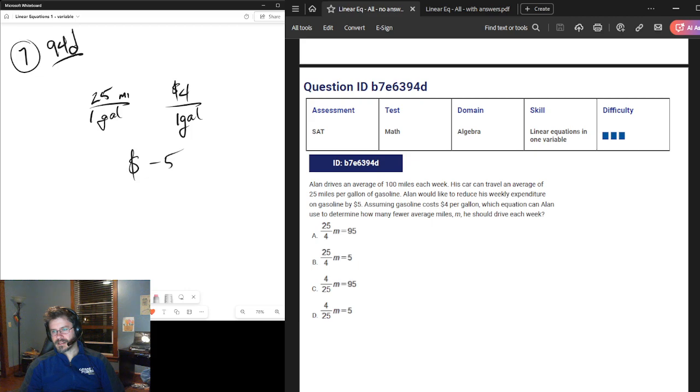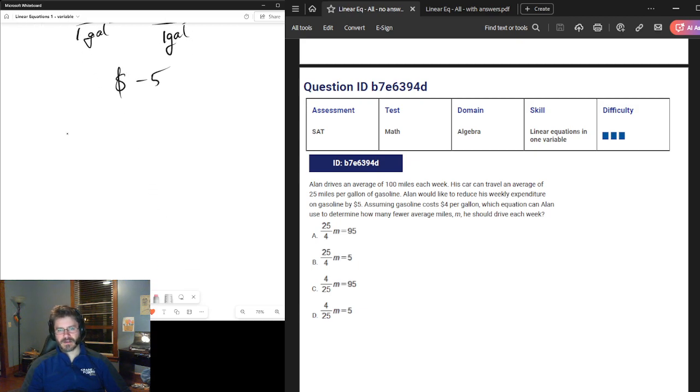M. So M is the amount that he's going to reduce it by. So I'm going to take my current travel distance, 100 miles, minus M. M is the reduction. To reduce this by $5.